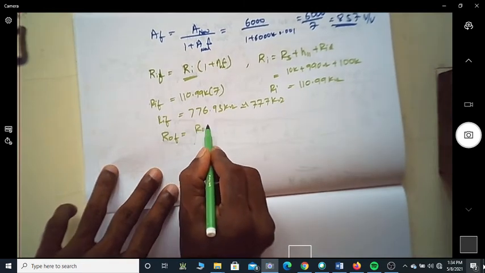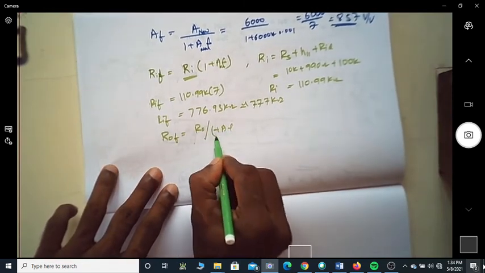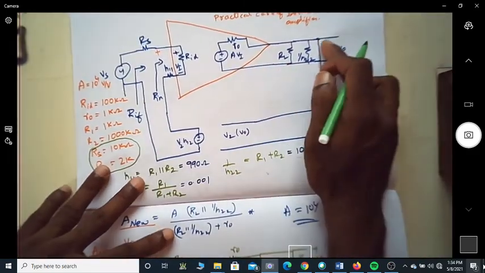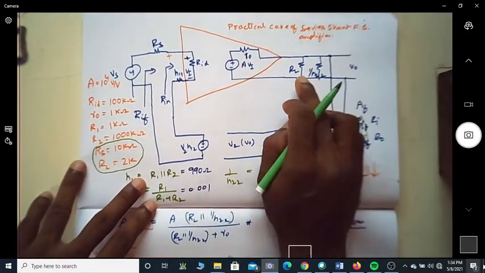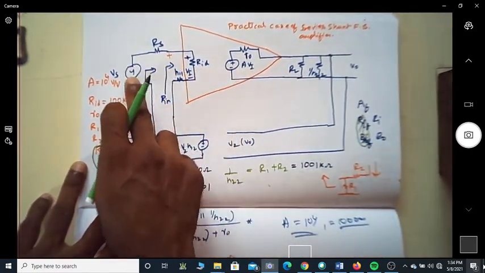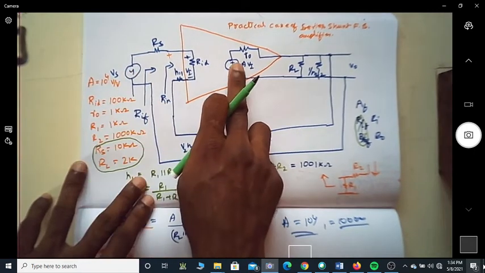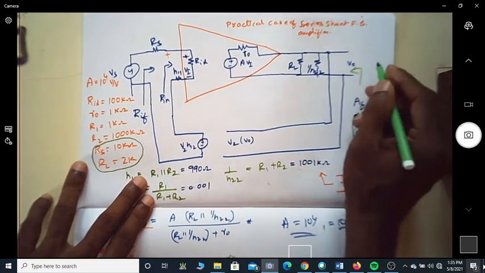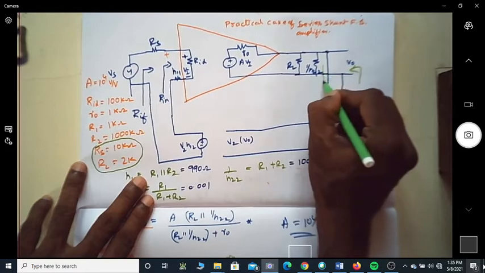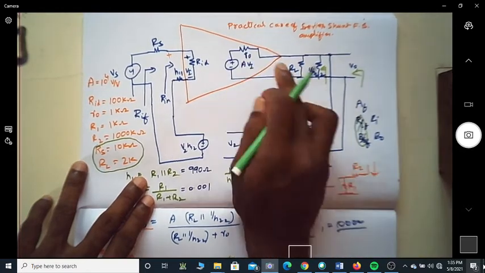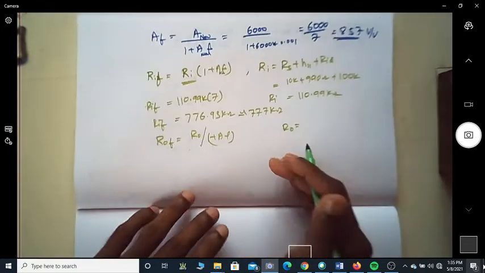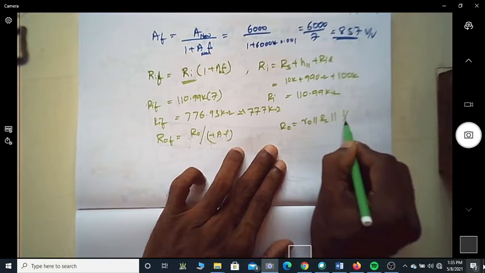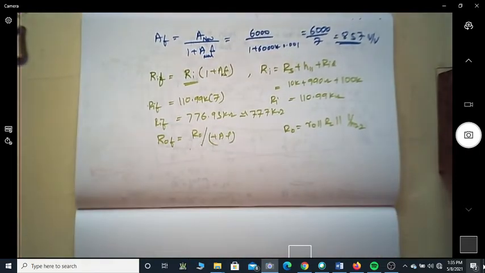ROF is equal to R naught by 1 plus A beta. This R naught is the value that you are looking into here. When you are finding R naught, you have to make the input zero. If you make this Vs zero, this will also become zero. When this becomes zero, this will become short. Looking from here, the impedance is R naught in parallel with RL in parallel with 1 over H22.